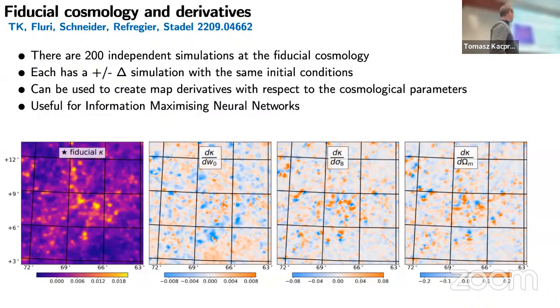So you can see for the same map how it would look if we change the value of some cosmological parameter a little bit. This is basically a derivative of convergence with respect to cosmological parameters. There are training schemes that can employ that, especially information maximizing neural nets, which Janis actually used in his project, but it's not necessary.